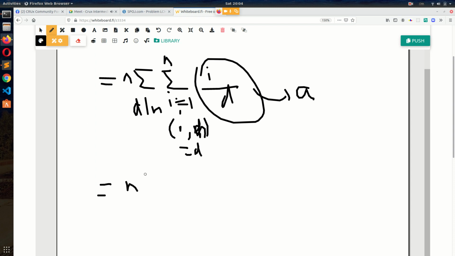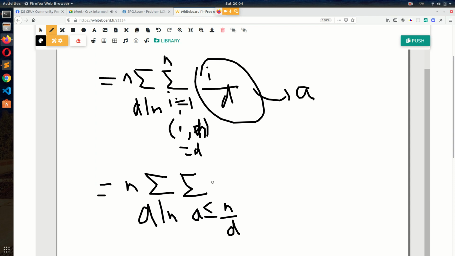So again, d divides n, and a is less than or equal to n by d. This value would always be less than or equal to n by d, because the maximum value i can take is n, so it ranges from 1 to n by d, right?